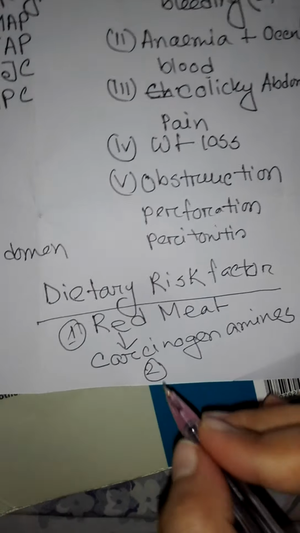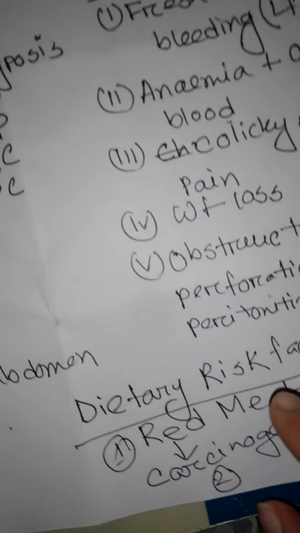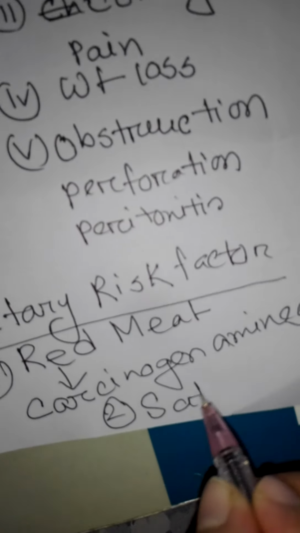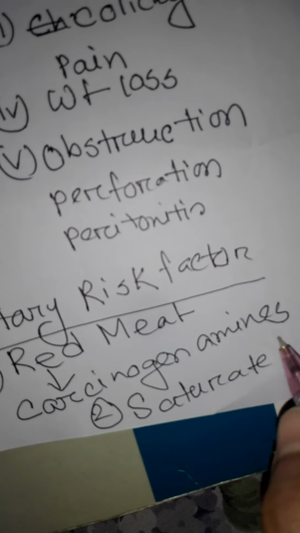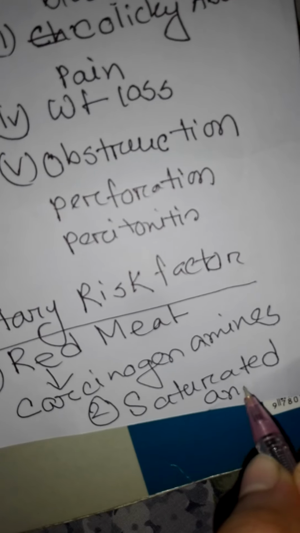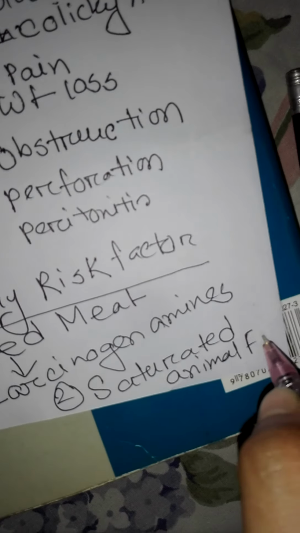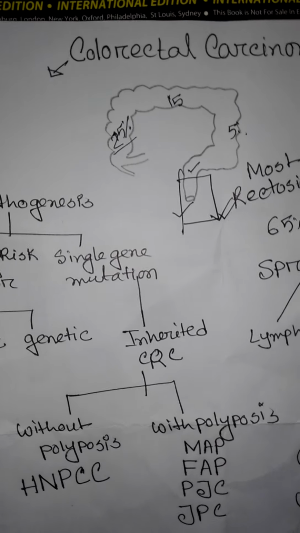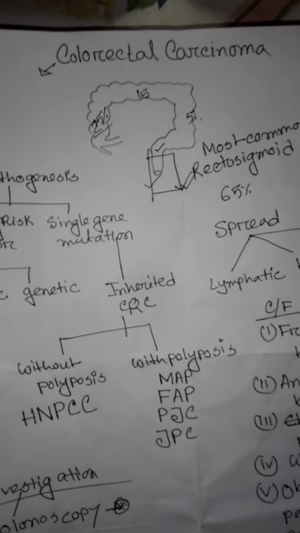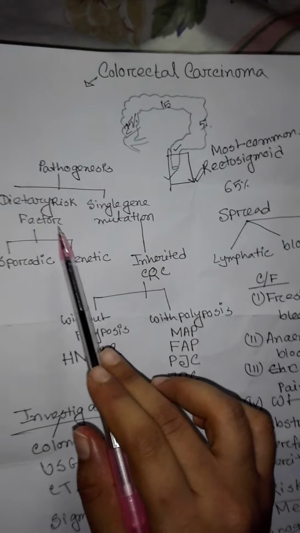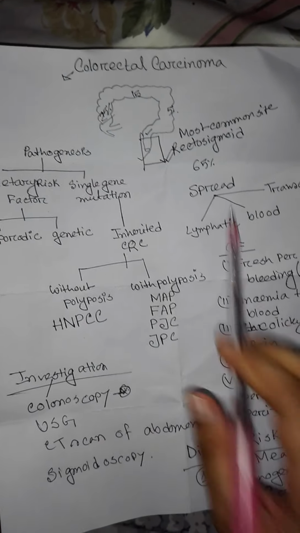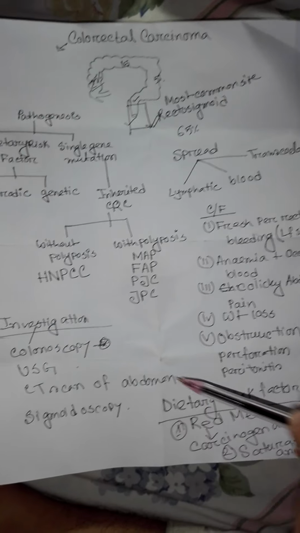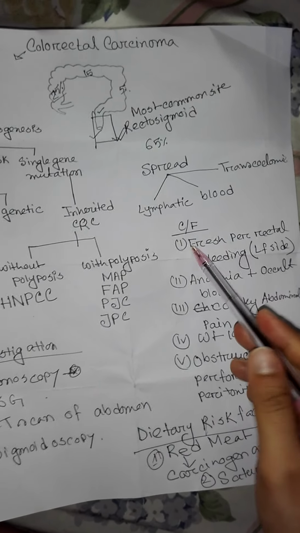Another is saturated animal fat. Colorectal carcinoma: pathogenesis, most common site, investigation, dietary risk, clinical feature.